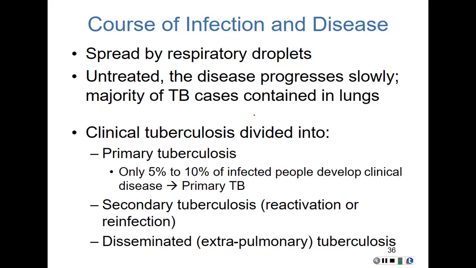Only 5 to 10% of infected people develop clinical disease. Okay? Let's say you're caring for a tuberculosis patient. You're taking respiratory precautions. But let's say something happens and you're exposed. Okay? So we want to see that that's a pretty low proportion that would actually develop clinical tuberculosis.